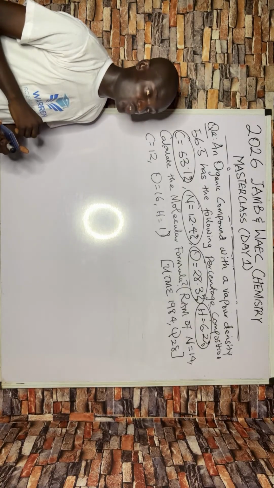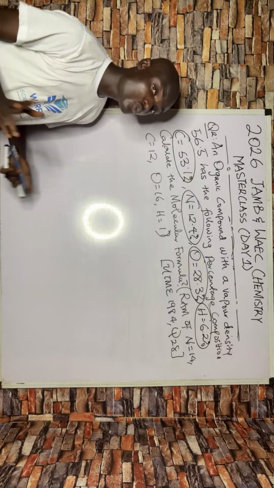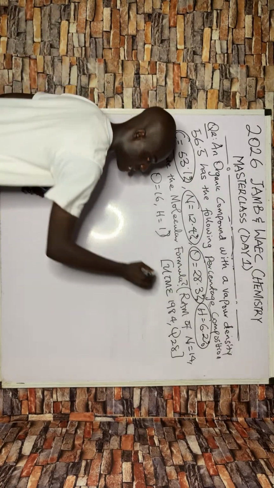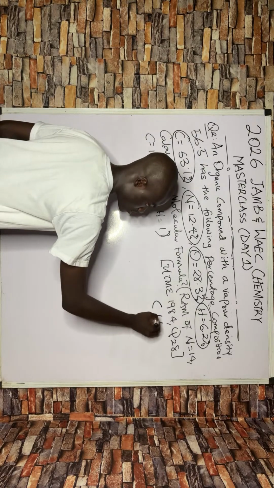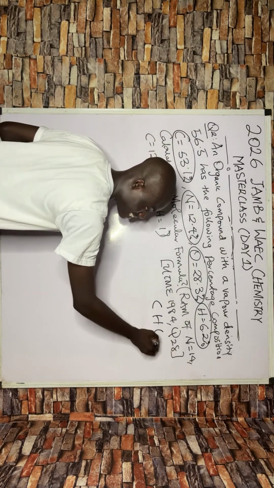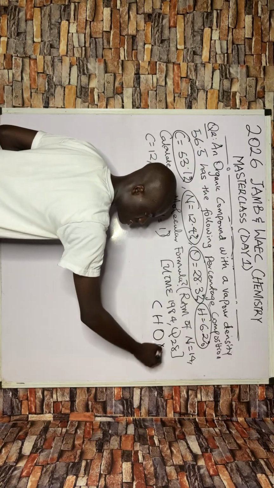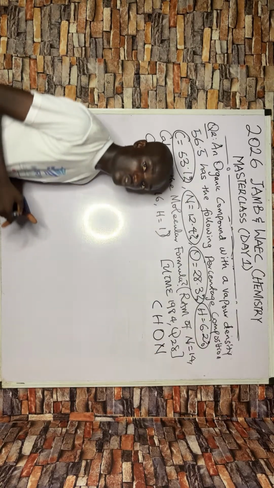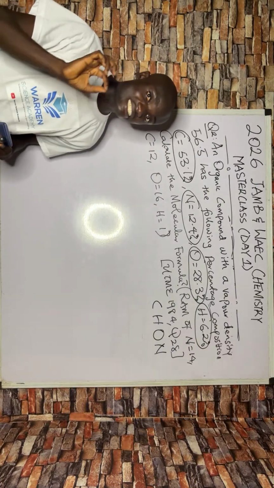In organic chemistry, we have two major elements, carbon and hydrogen. Next is oxygen, and sometimes you find nitrogen. So I like saying CHON, C-H-O-N.